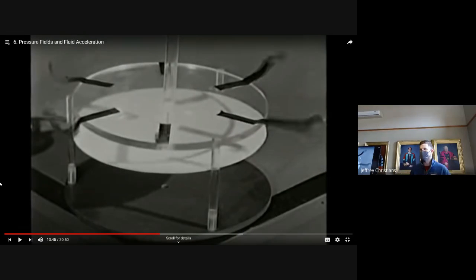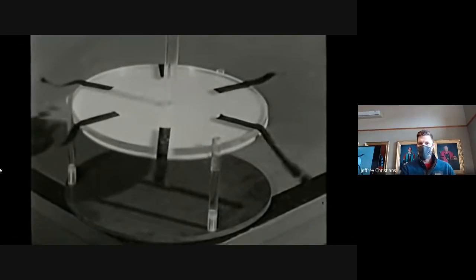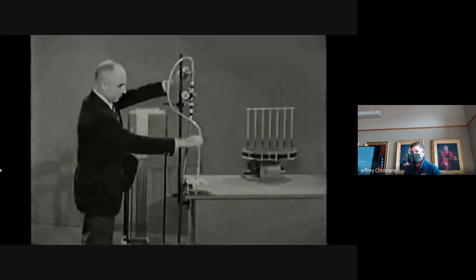Right, so he is not sucking. He has a clear plastic disc with the tube coming out of the top. He's blowing air out of that tube. He's not sucking it up. He's blowing air out of the tube. And then watch what happens. This opaque white disc is just a lightweight plastic disc. That's when he's blowing air out.